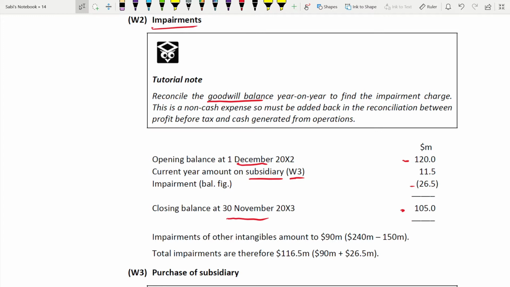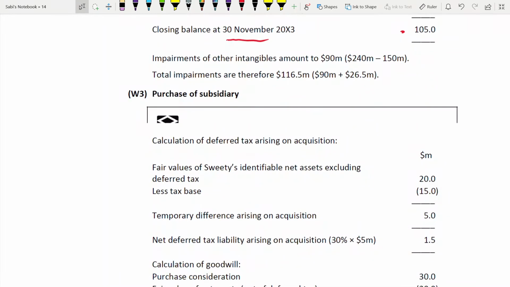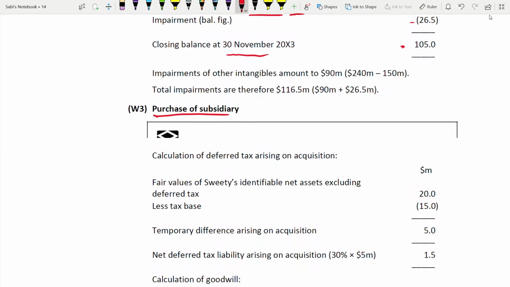So let us go to working 3. Purchase of subsidiary. Calculation of deferred tax arising on acquisition.